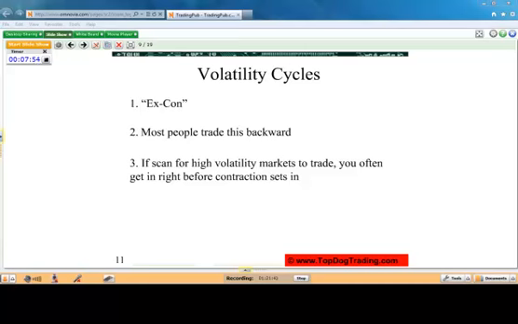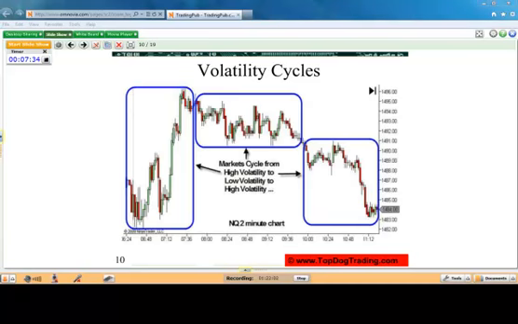If you scan for high volatility markets to trade, you're often getting in right before contraction sets in. So I'd rather trade inside of contraction. I like to trade things like triangles and wedges and Bollinger Band squeezes, some of the examples that a lot of you are familiar with.